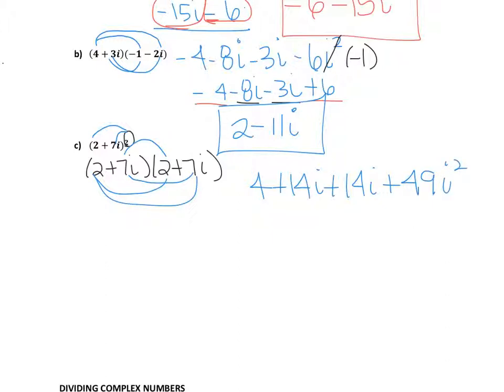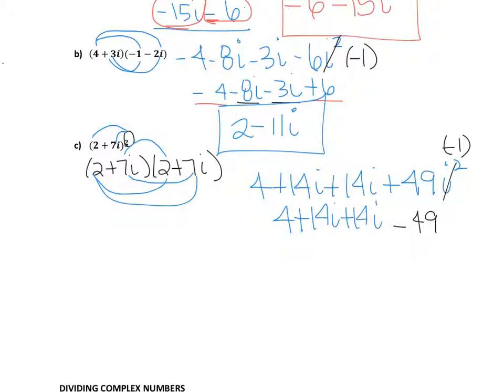Now again, before we start simplifying, change I squared into -1. When I do that, that causes this to become -49. 4 plus 14i plus 14i.